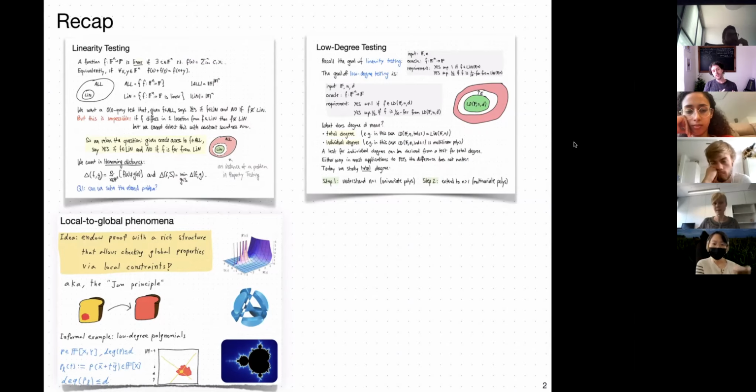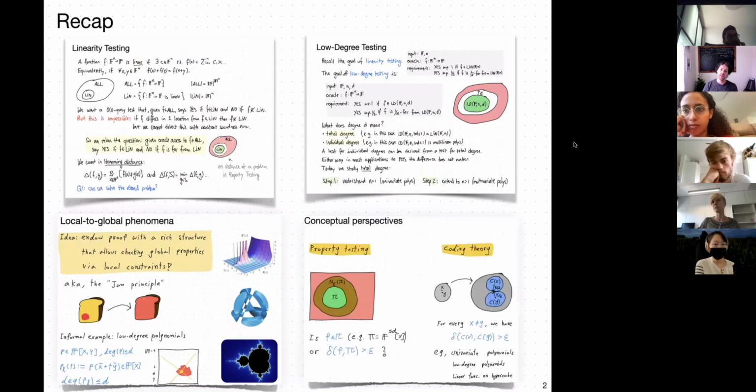And the rich structure is exactly the one that we get from linear functions and from low-degree polynomials. I also want to mention a little bit about the coding theoretic perspective because it will become more and more relevant. So let me just annotate something.